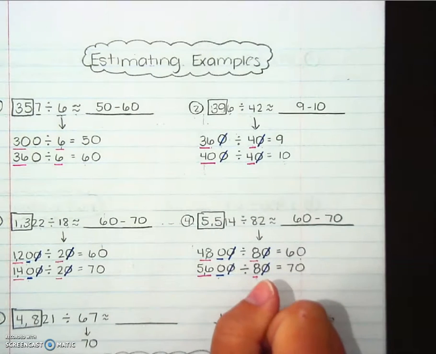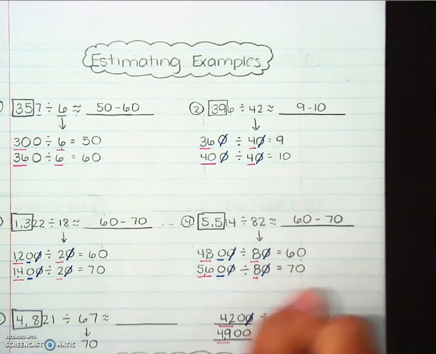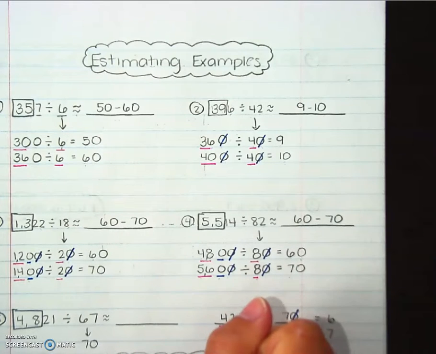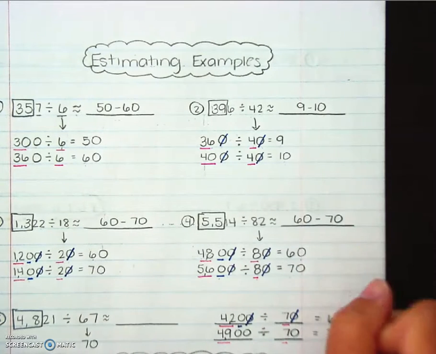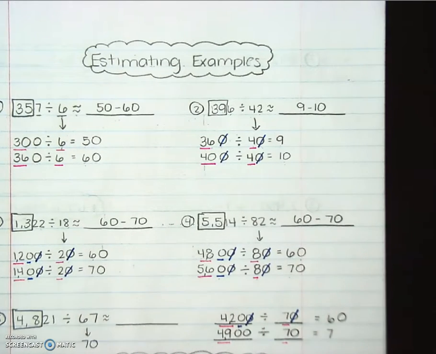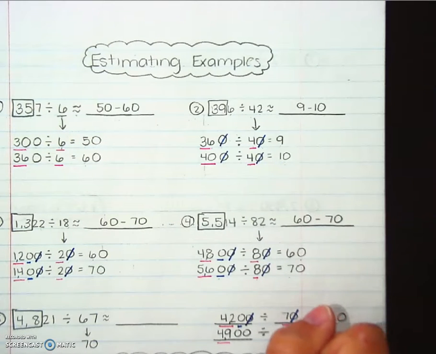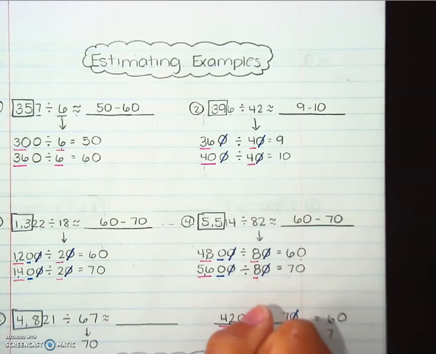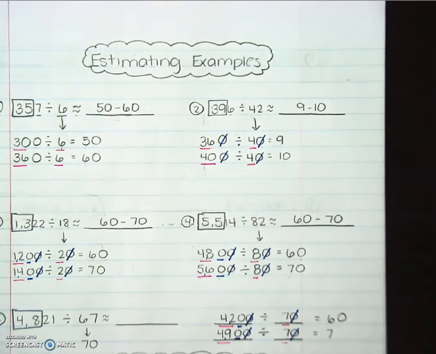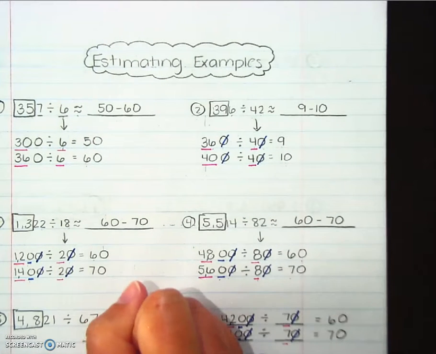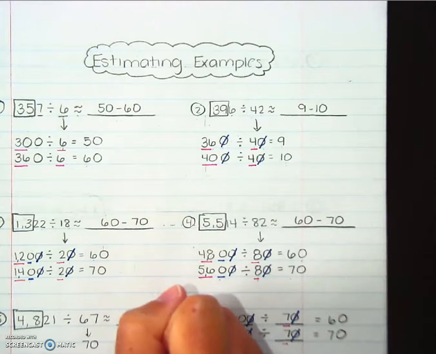So that means I'm going to cross off 1 here because I can buddy those 2 up, but the one that's left over needs to go as part of my quotient. So that becomes 60 groups. Same thing in my 4,900 divided by 70. I'm going to buddy 1 up, and I have 1 left, so that becomes 70. My range then is between 60 and 70.